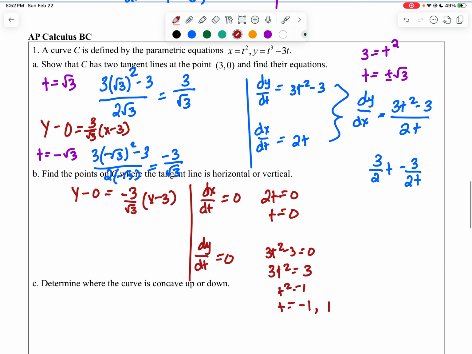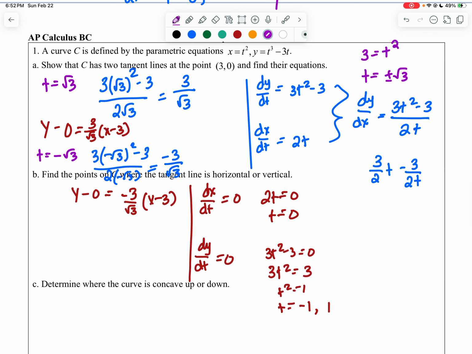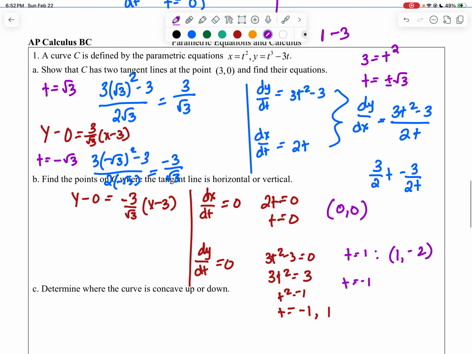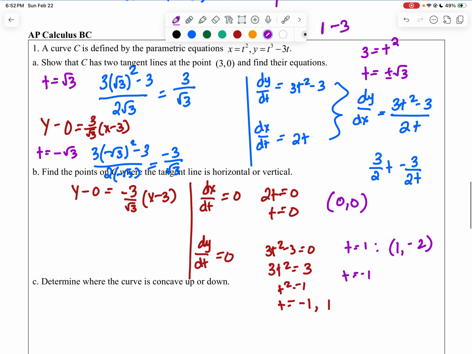And then I could probably plug in and see what my points are. So I'm going to have a vertical tangent line at (0, 0), whenever I plug in 0 for t here. So 0 squared, 0 to the third, minus 3 times 0, that's just (0, 0). And then if I were to plug in 1, I'm going to get 1, and then 1 minus 3 is negative 2. So that's going to be a horizontal tangent line at (1, -2).